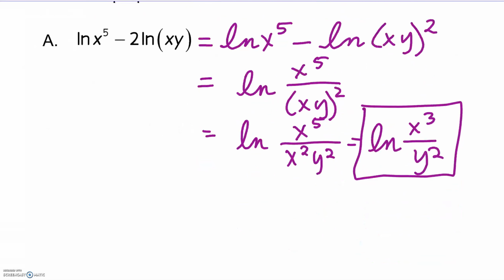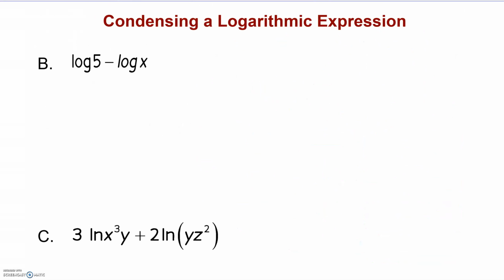For letter B, this is actually just a really straightforward one. Log 5 minus log x, quotient property, that's just the log of 5 over x. Now, I do want you to notice here that I am applying the product property, the quotient property, the power property to logs of all different bases.